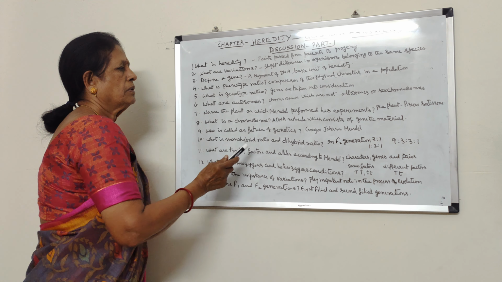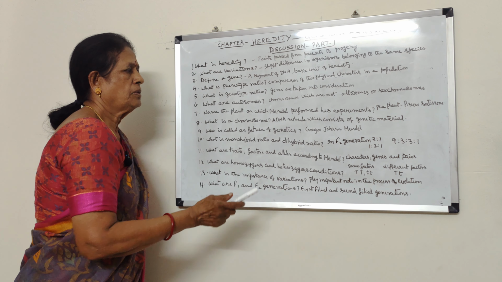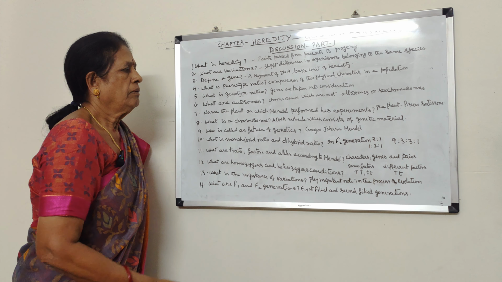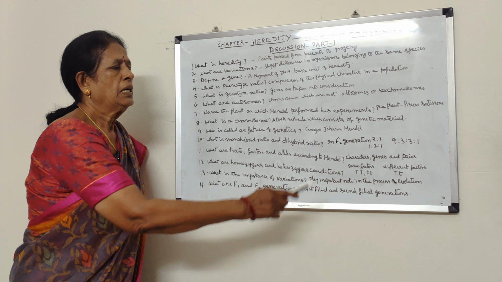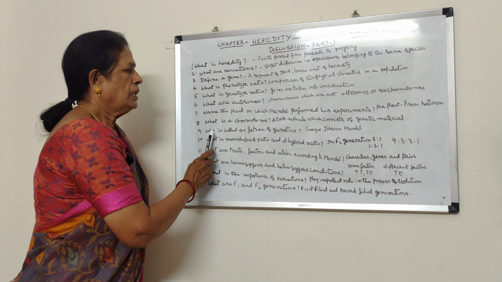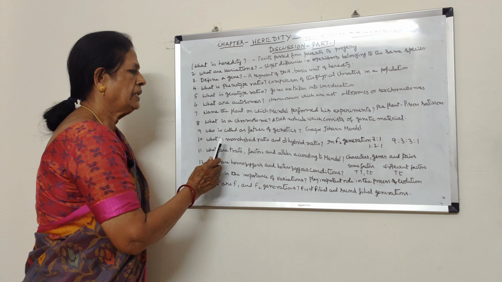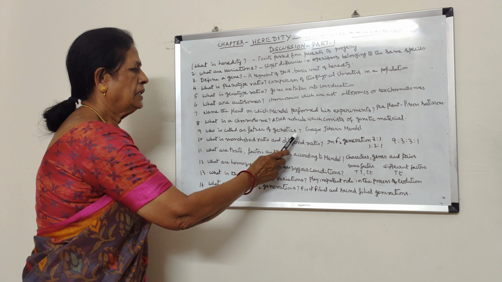What are autosomes? The chromosomes which are not allosomes or sex chromosomes are called autosomes. The plant on which Mendel did his experiments is the pea plant, Pisum sativum. A chromosome is a DNA molecule which consists of genetic material. Who is called father of genetics?